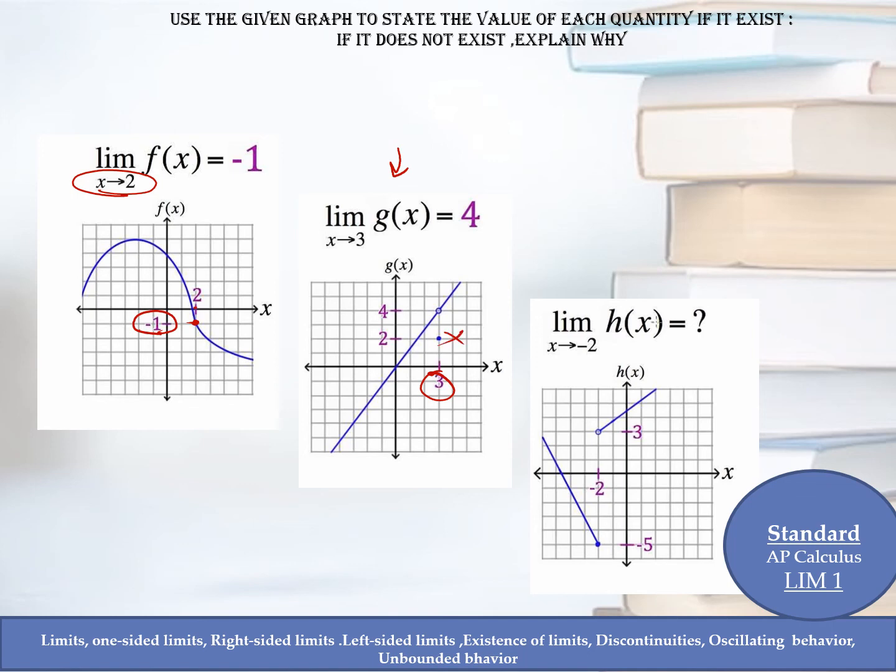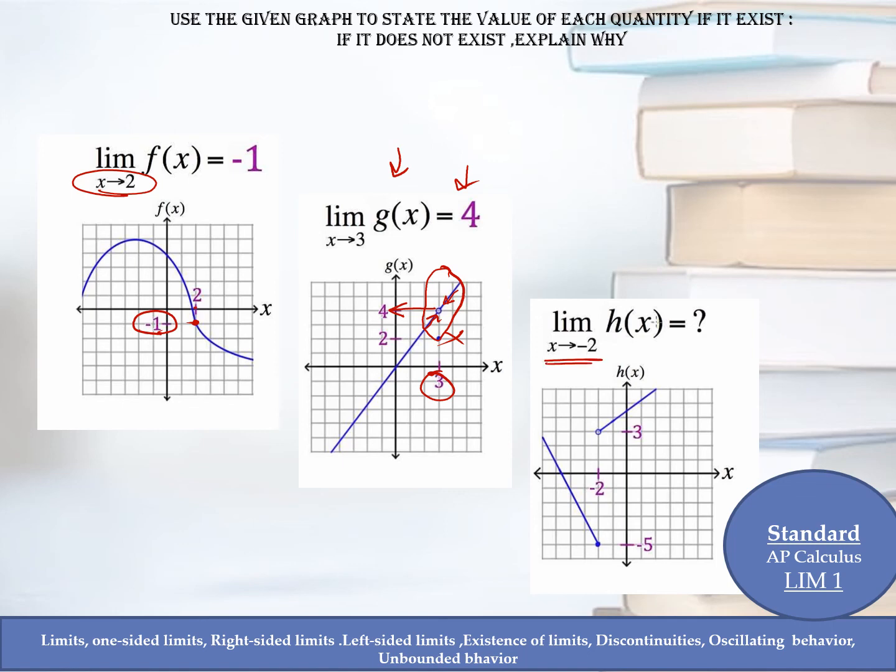So ignore the point, read where the line is. Here is the line, this is the specific point. There is a line coming from the left, there is a line coming from the right, both are meeting at the same point, the y value is 4. Although the point is hollow, we will read the answer.